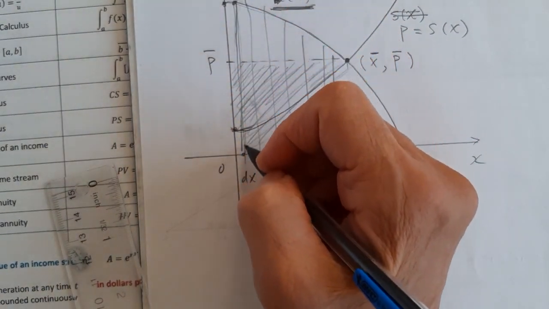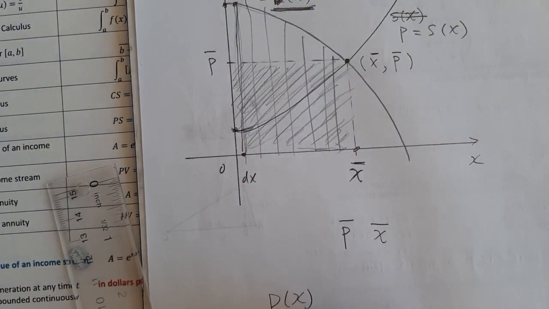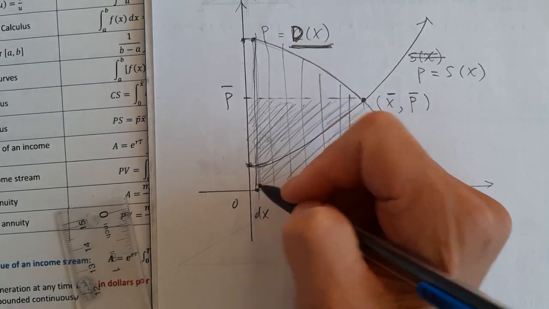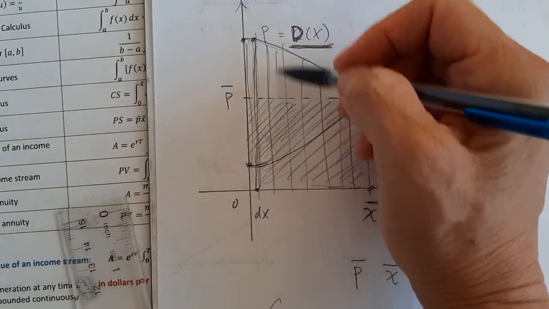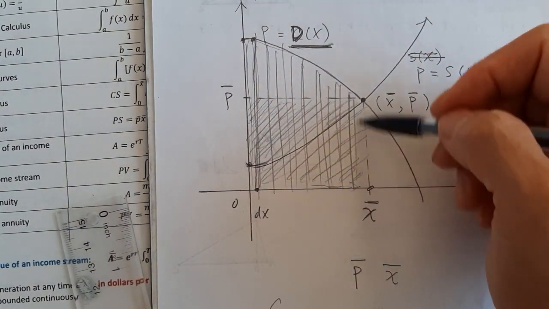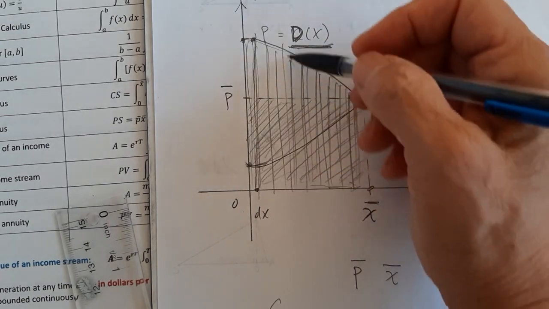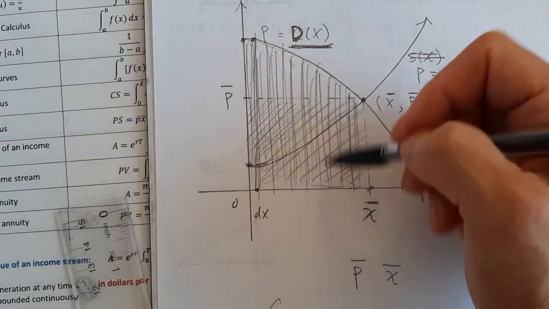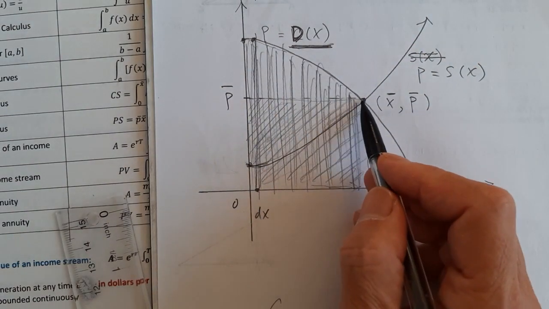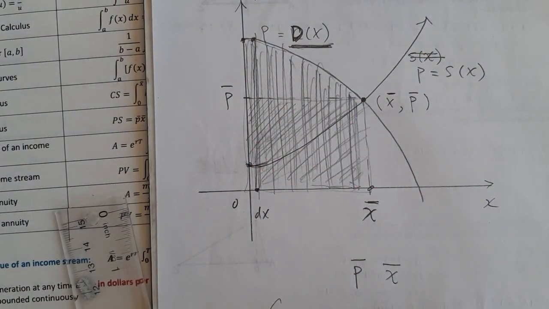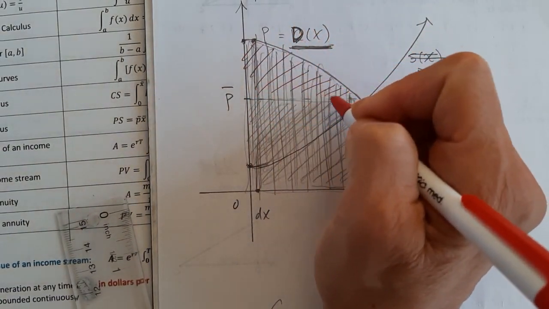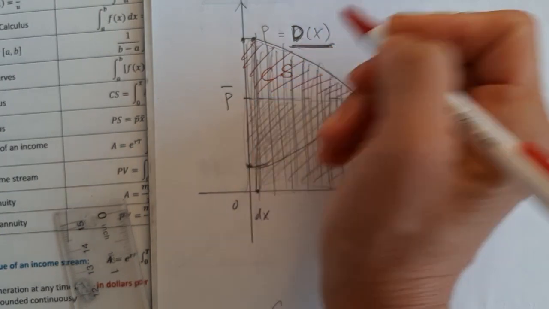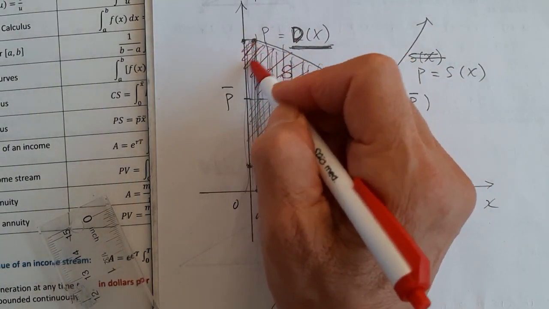So for this d of x price times dx, you take the integral. For the consumer, we assume they can pay so much money, but actually in the market it is so much money, so you subtract p bar x bar, and this part is over. That's called consumer surplus, which is this green one.